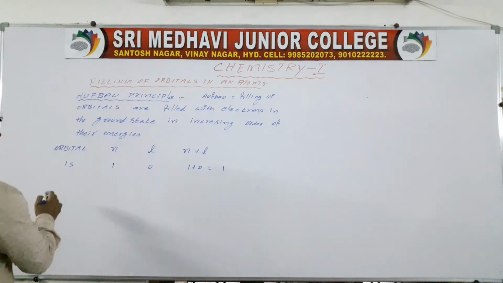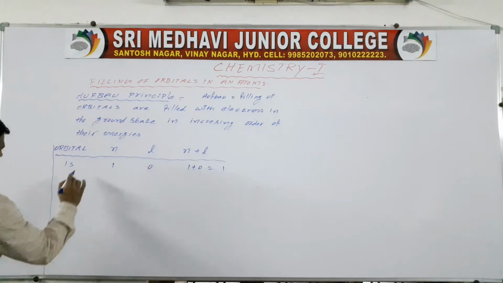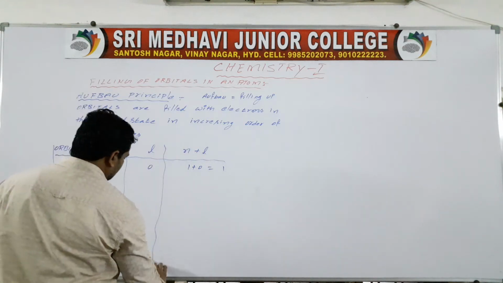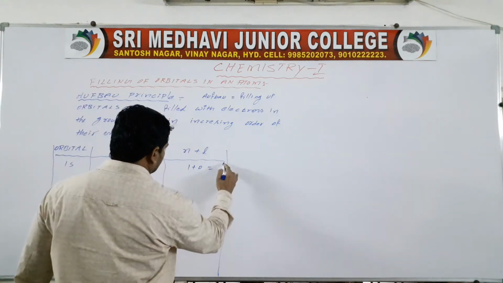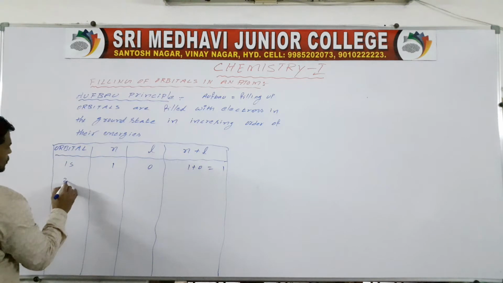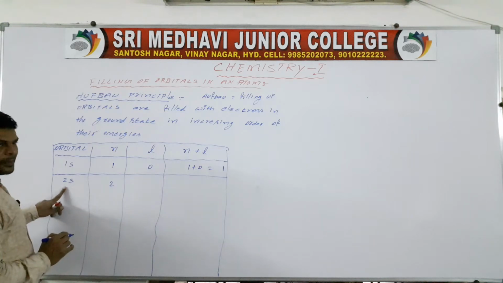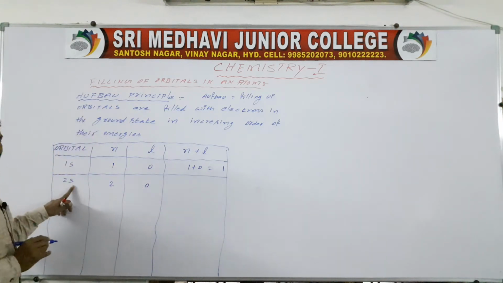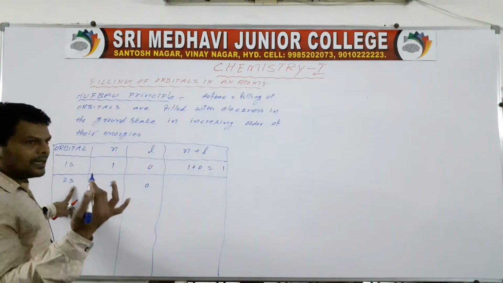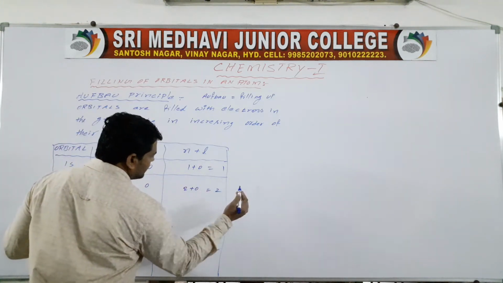Then 2s: n is equal to 2, the principal quantum number, l is equal to 0 for an s orbital, and m equal to 0 for any s orbital. Then 2 plus 0 equal to 2.